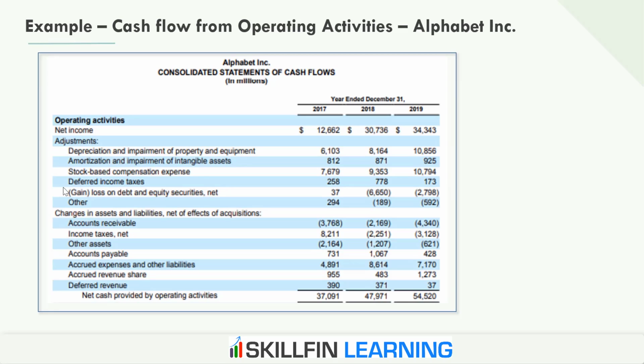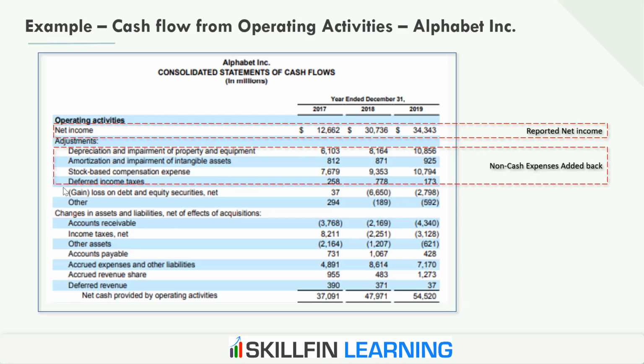Here we have the cash flow from operating activities for Google. It starts with the net income reported by the company. Then we have adjustments of non-cash expenses like depreciation and amortization, which are added back to the net income because these do not result in actual cash outflows.